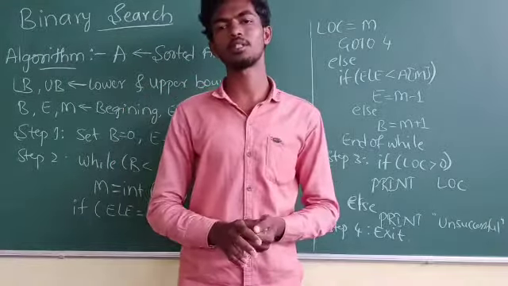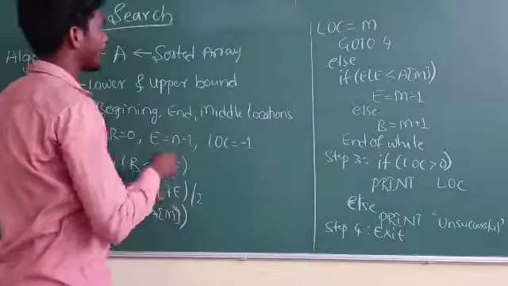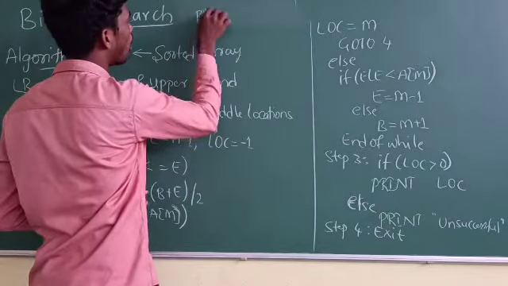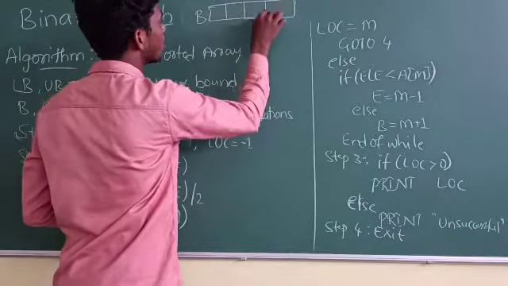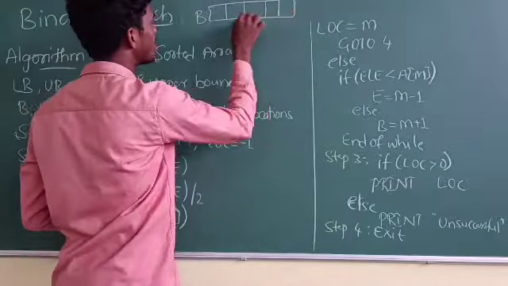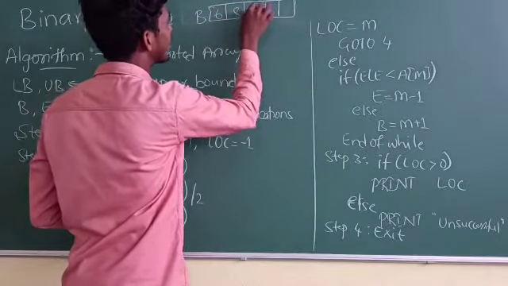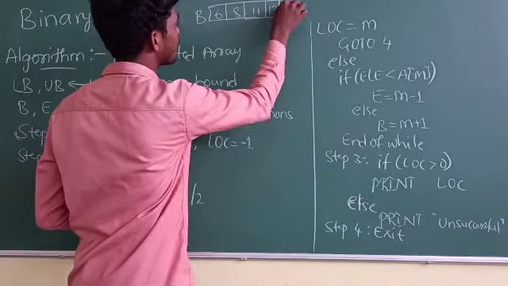Understood? Then binary search works on the main concept of the middle. For example, let's take a sorted array B containing 5 elements: 6, 8, 11, 13 and 15.